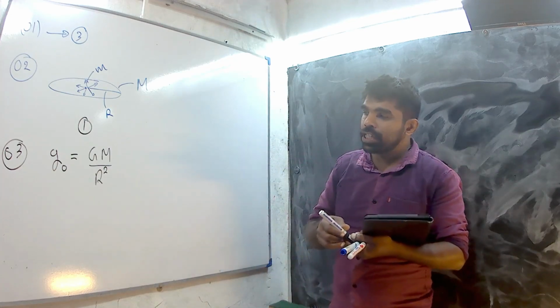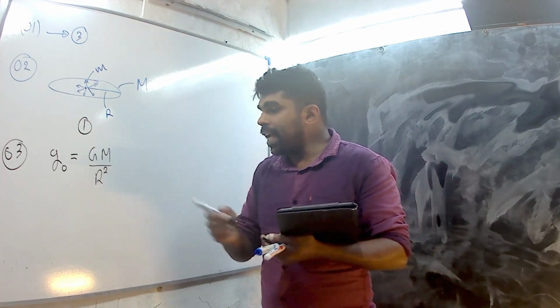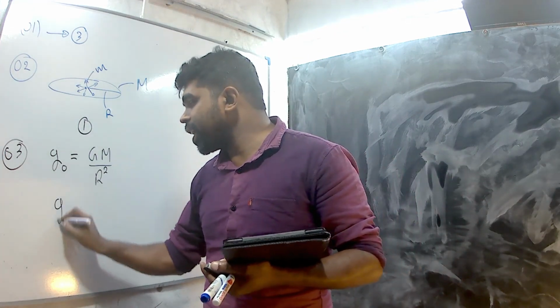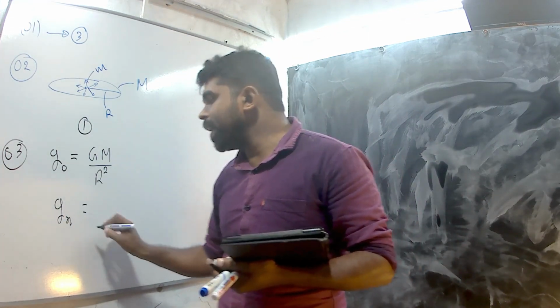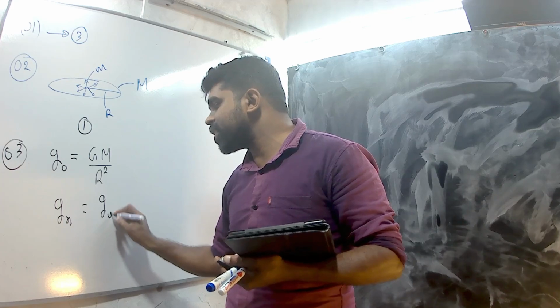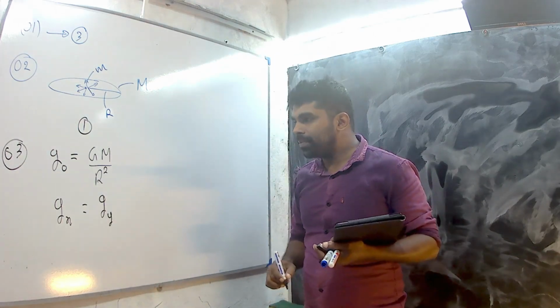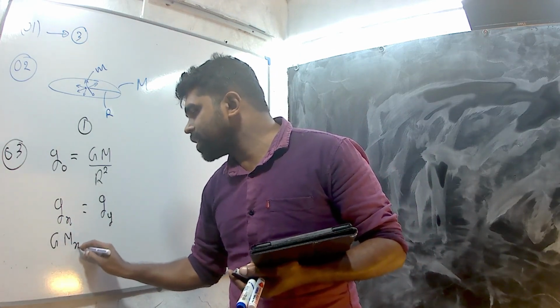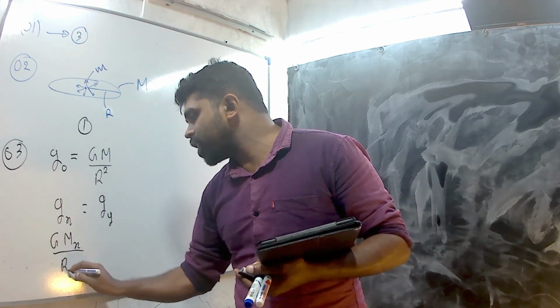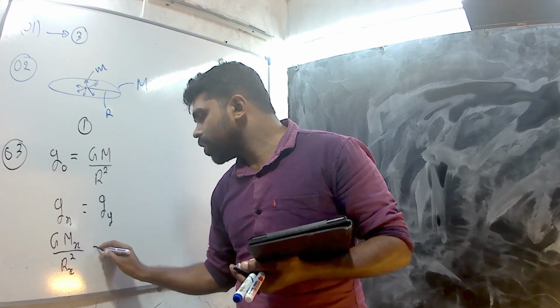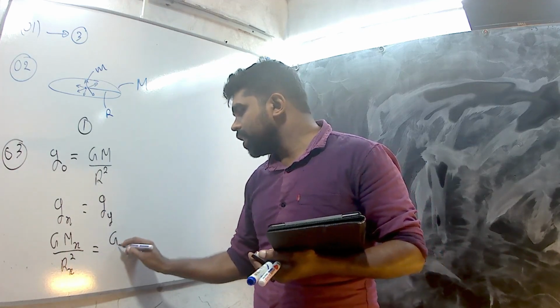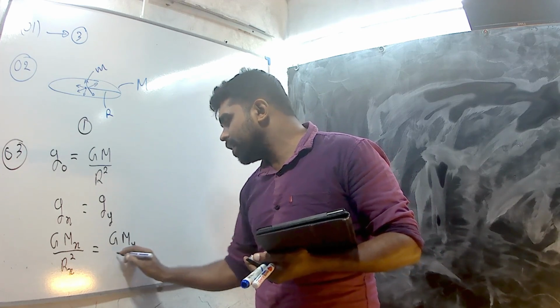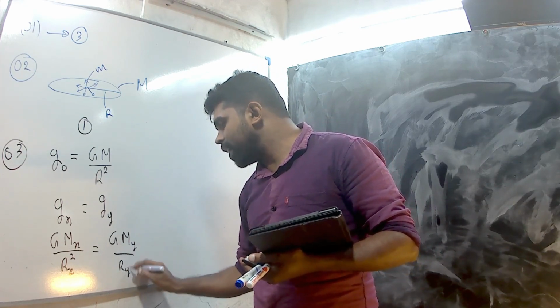universal gravitational constant. Then the gravitational acceleration for planet X should equal the gravitational acceleration for planet Y. Then G mass of X divided by radius of X squared should equal G mass of Y divided by radius of Y squared.